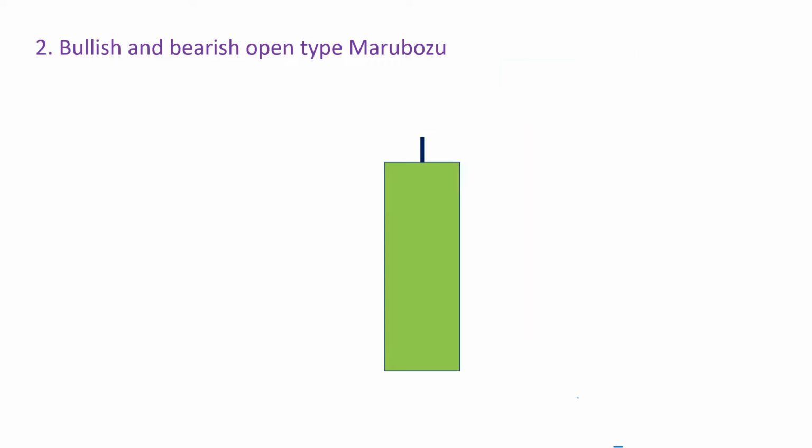The second type is bullish and bearish open type Marubozu. This is the bullish open type Marubozu. It's a long and strong single candlestick with a flat bottom, no lower shadow. Here open and low are at the same place. There is some retracement or upper shadow at the close price.